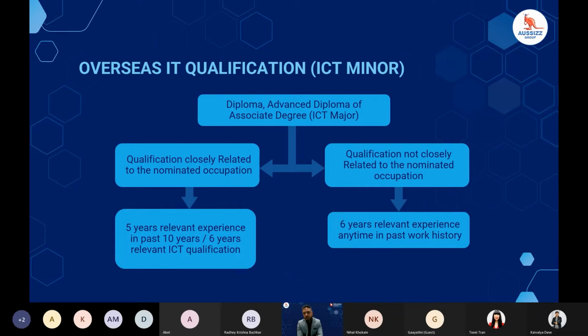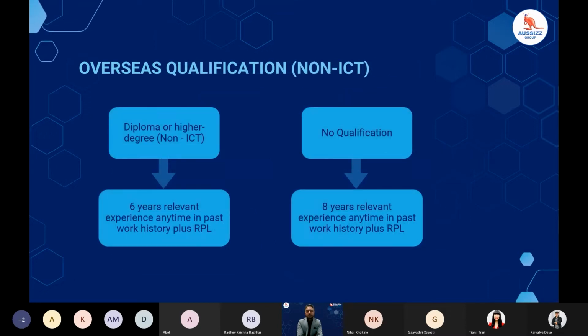Qualification not closely related to the nominated occupation, you need 6 years of relevant work experience anytime in the past. So if your diploma is major but not related to the occupation, you need 6 years. Now the last part would be overseas qualification which is not an ICT qualification at all. Let's say you have a diploma in business, for example.